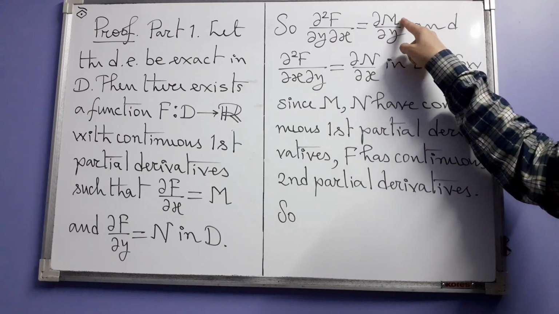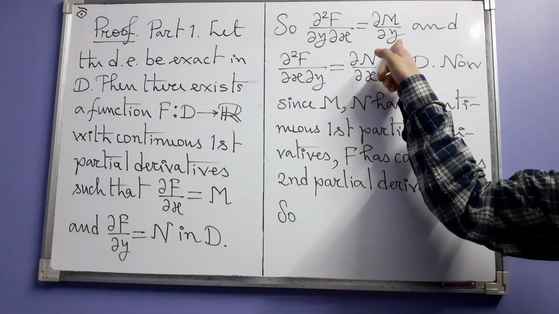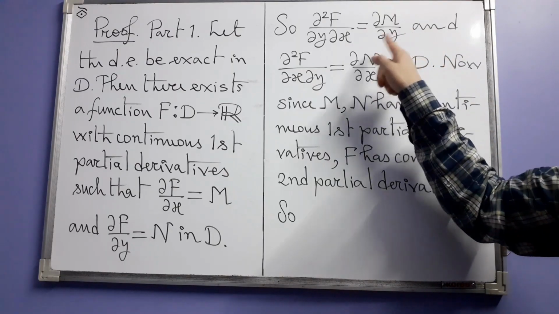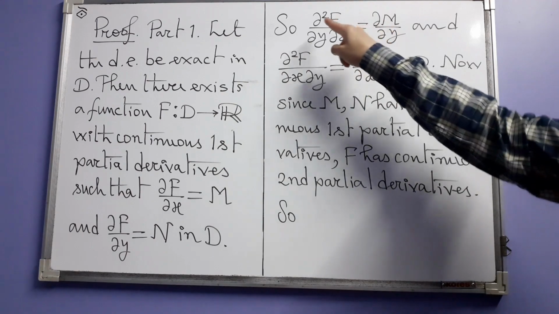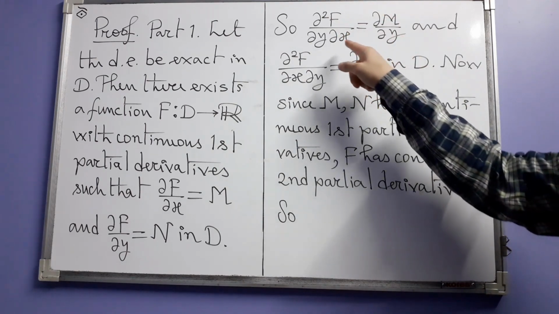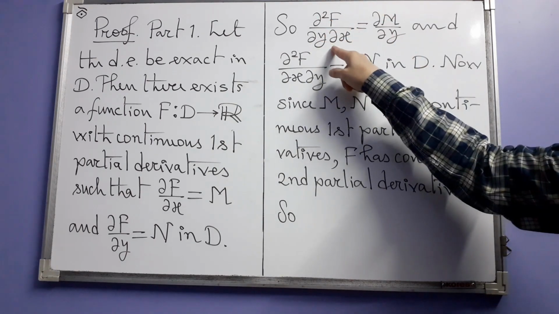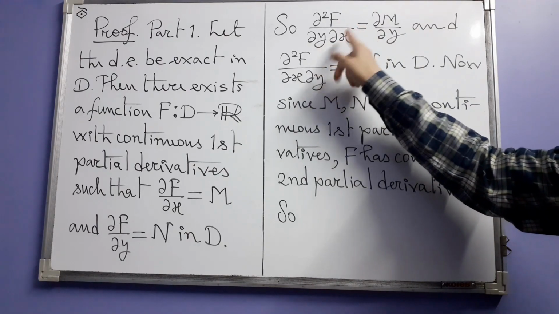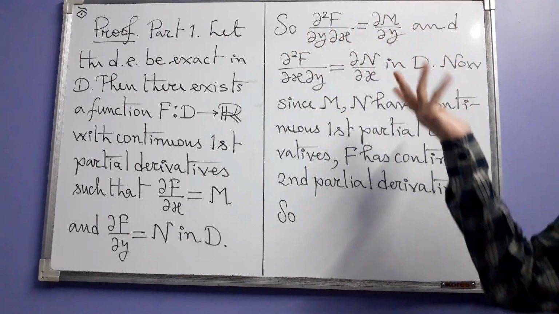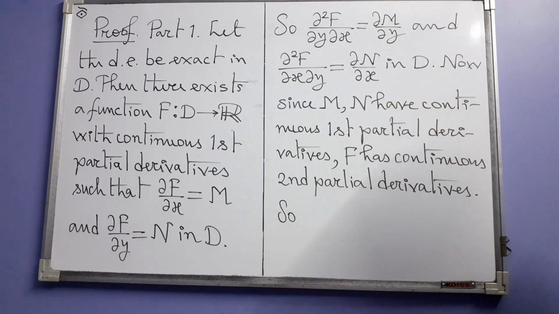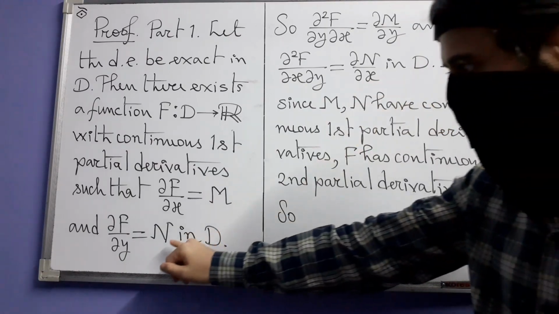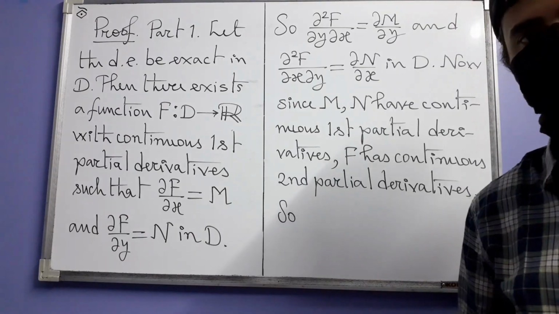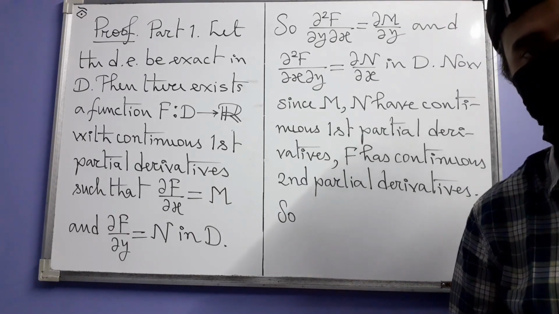In particular, M can be differentiated partially with respect to y. So that allows us to differentiate both sides with respect to y, which gives this second partial derivative of f with respect to x first and then y on this side, and on this side you have del M del y. Similarly, you can differentiate both sides of the second equation partially with respect to x.